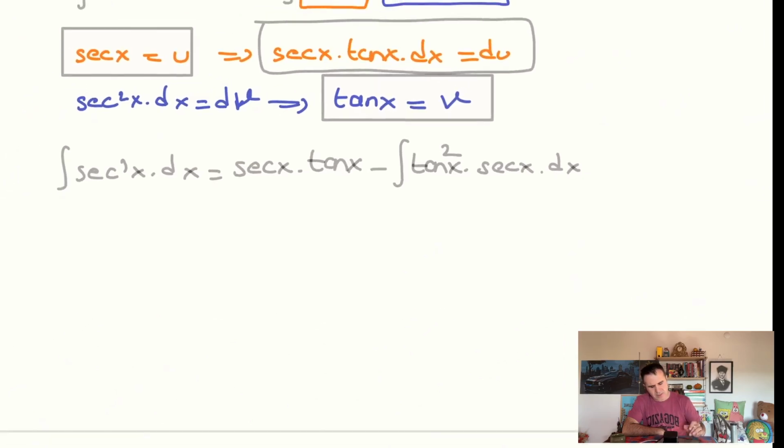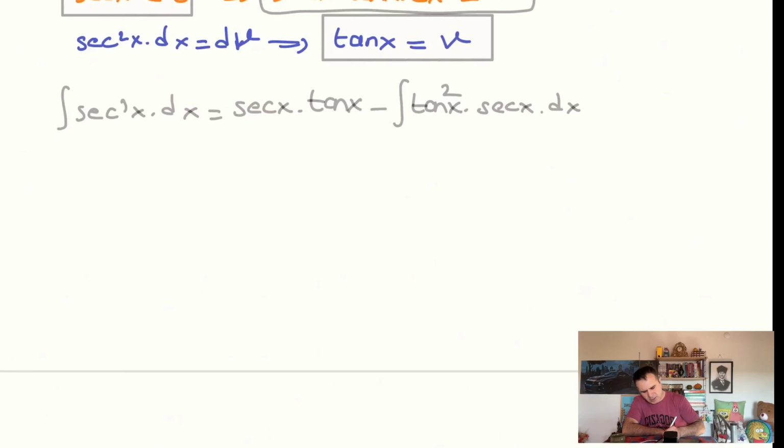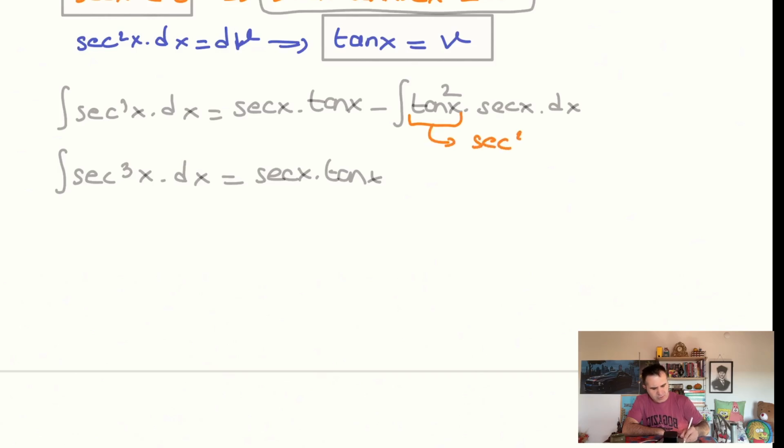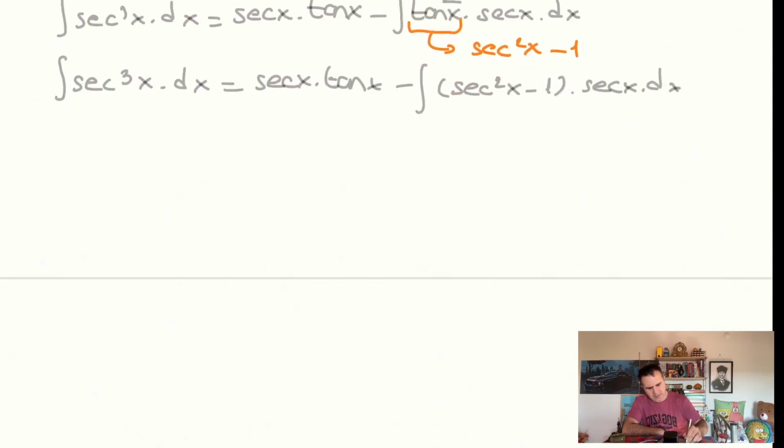Okay, then the integral of secant cube x dx will be equal to secant x tangent x. Again, for the tangent square of x, we will write secant square of x minus 1. Then the integral becomes minus the integral of secant square of x minus 1 times secant x dx.